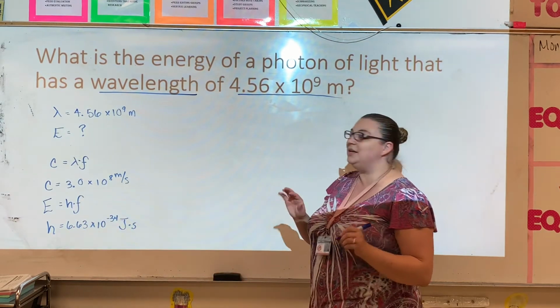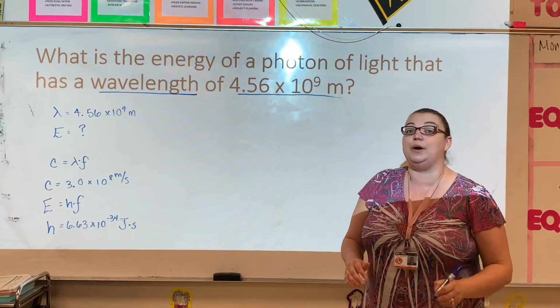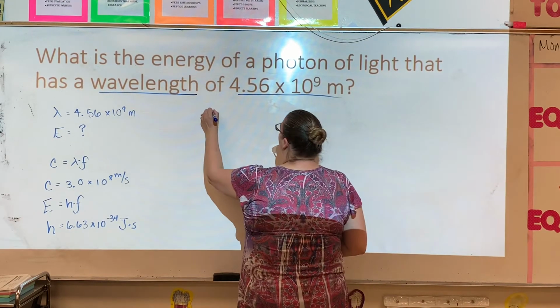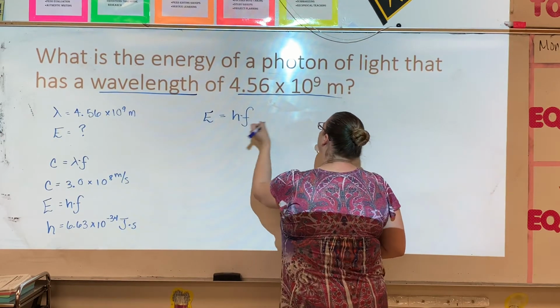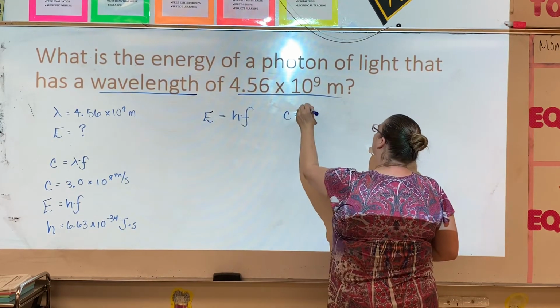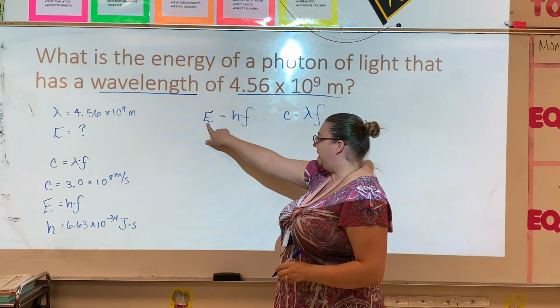So there's a couple of different ways that I could do this. The first is very much algebraically. So let me show you what I mean by that. We have these two equations. I want energy.